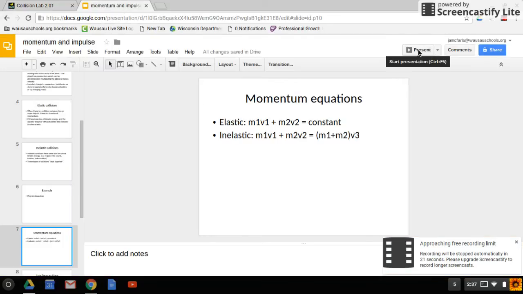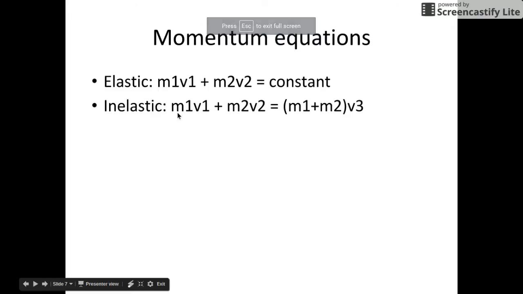But there's something we can do with the equation. In an inelastic collision, we can take the object's mass times its velocity plus the other object's mass times its velocity, and then what does it equal? Since they're stuck together, we can add those two masses together, and then it'll equal some third velocity. And these have to match before and after.